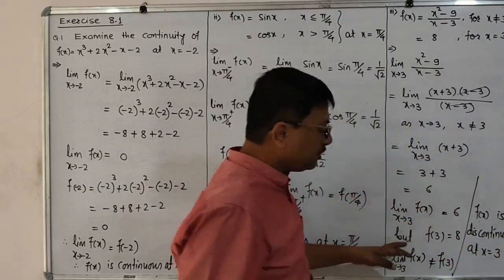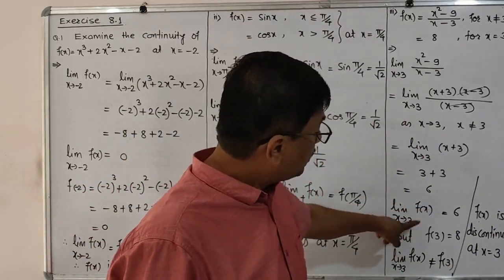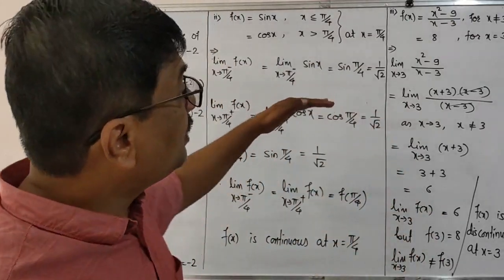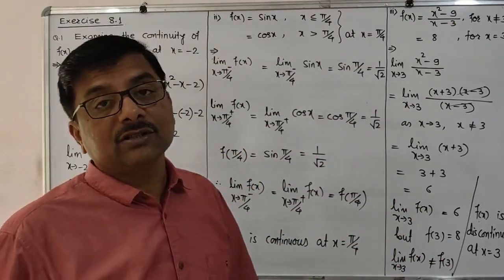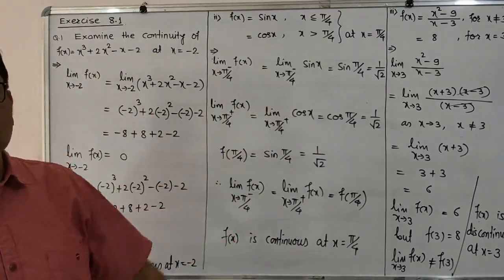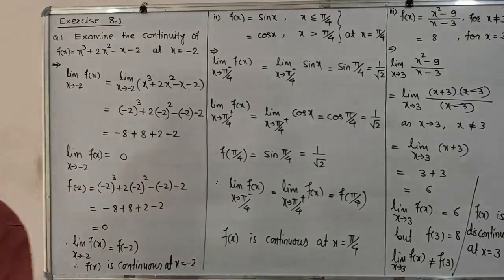Why is it discontinuous? Because the limit of the function and the value of the function are not the same, they are different. Hence we can say that the function is discontinuous at x is equal to 3. Now observe these three examples carefully. We are going to teach a second question.